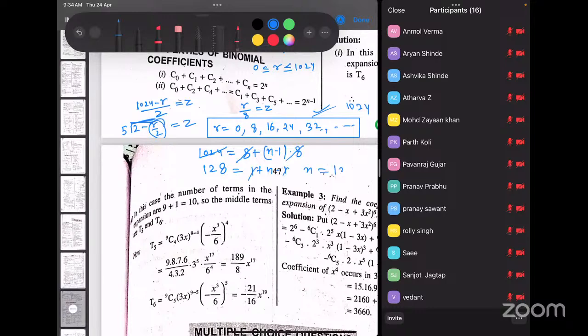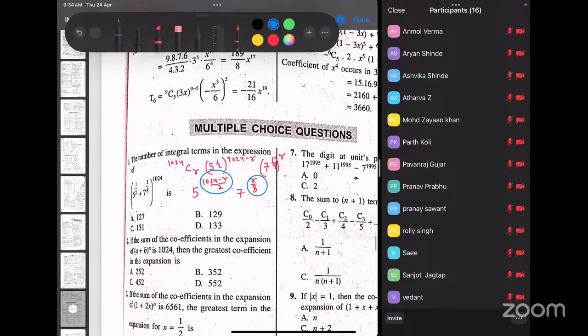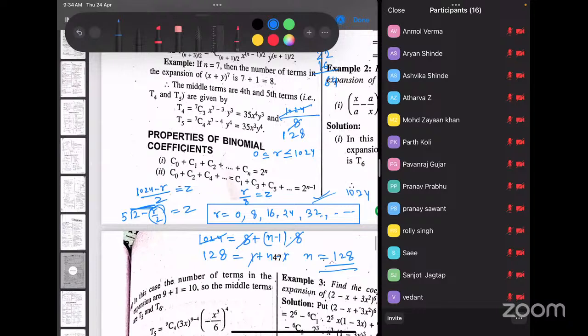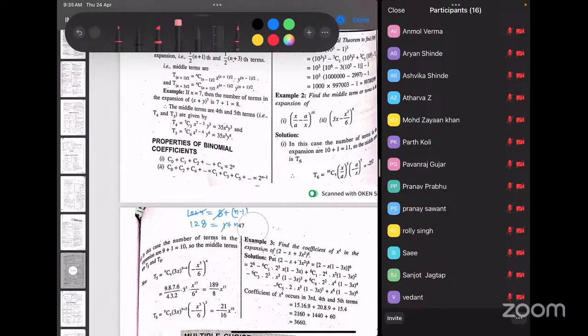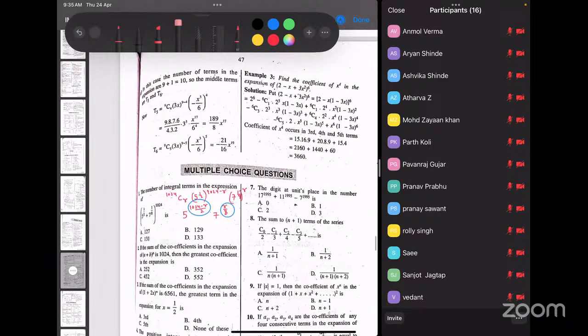So n will be 128, which means there are 128 terms divisible by 8, and we are left with 0. I took the series from 8, 16, so 0 is left. So one term is this, and 129 will be the total number of terms. Are you getting it? Yes or no?